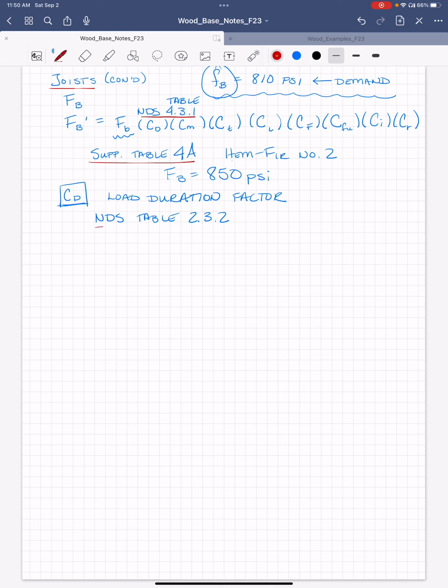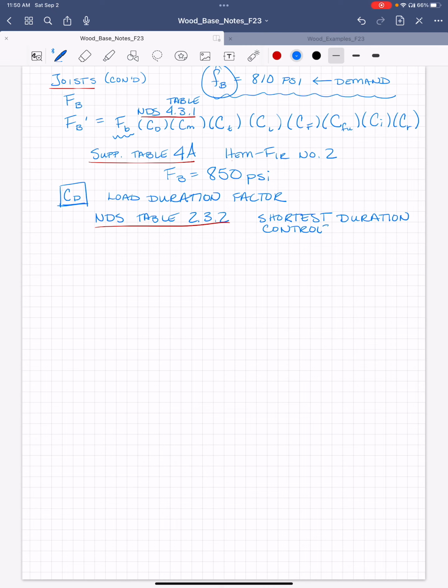I'm not going to do all these every time, but in table 2.3.2, you take the shortest. Most of these factors just have to do with how the original testing was done, if it was a long time load or a short duration load. So the shortest duration of your loads controls.